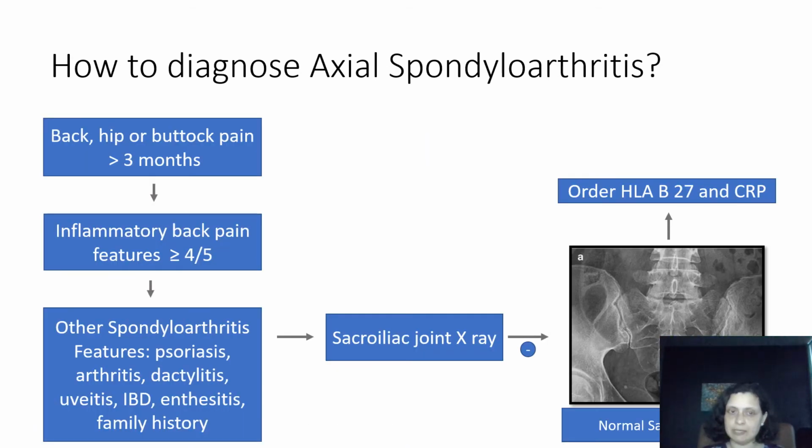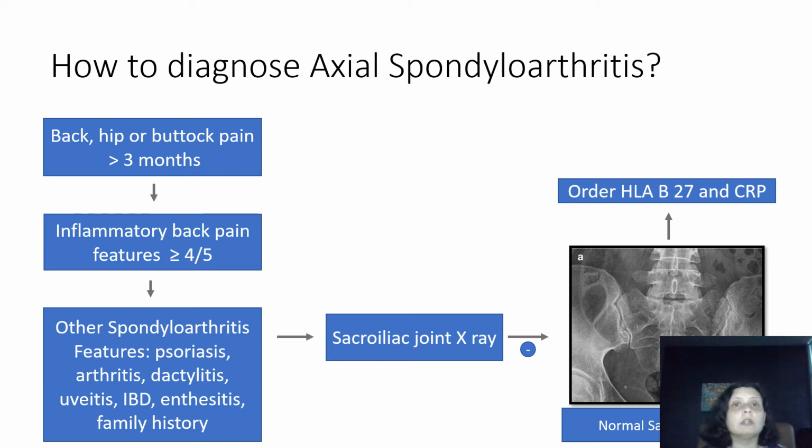Now let's say a person has back, hip or buttock pain for more than 3 months, and you suspect inflammatory back pain, you take some more history, and you think, okay, this is spondyloarthritis, but to your surprise, the X-ray of the sacroiliac joint is negative. What do you do next?